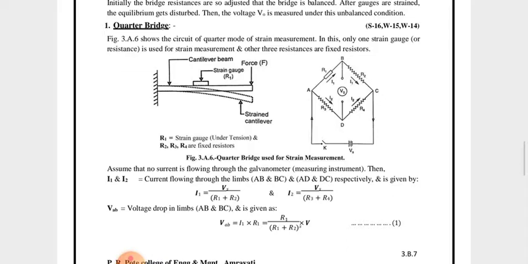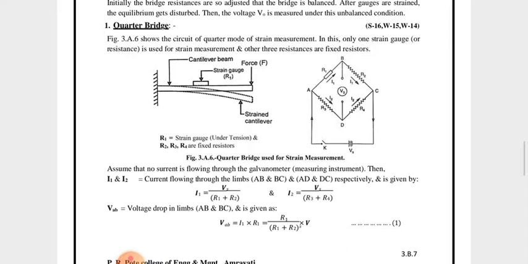According to Ohm's law we can write I1 equal to Vs by R1 plus R2, because I1 is flowing through the resistances R1 and R2, and I2 is flowing through the resistances R3 and R4. Then VAB, the voltage drop in limb AB, is given by I1 into R1.